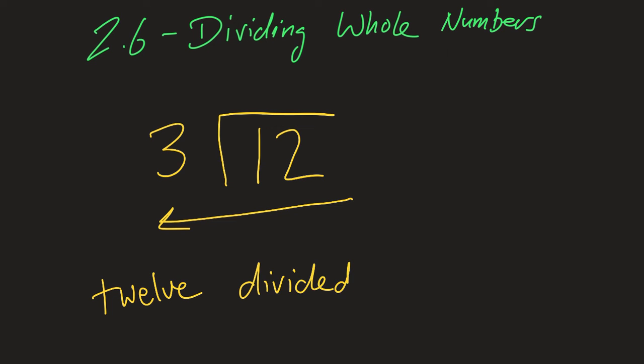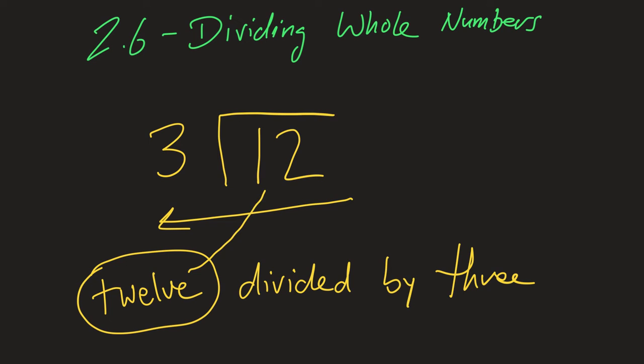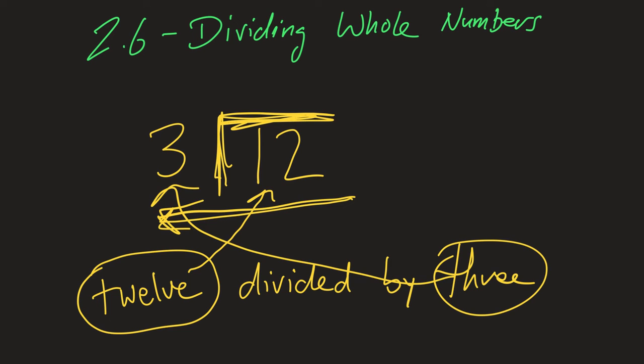The way I read it and the way I write it is sort of backwards. The 12 ends up going inside these little brackets, and then I work my way to the left. So this 3 goes out here.